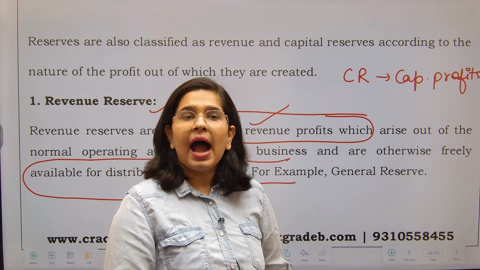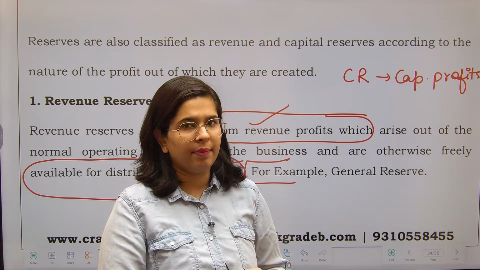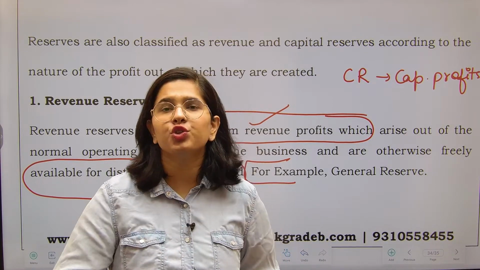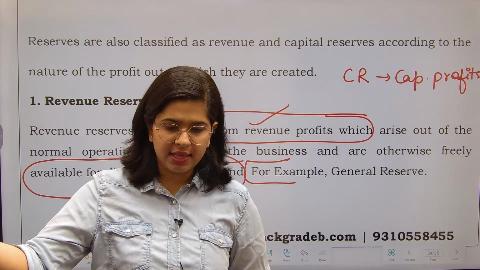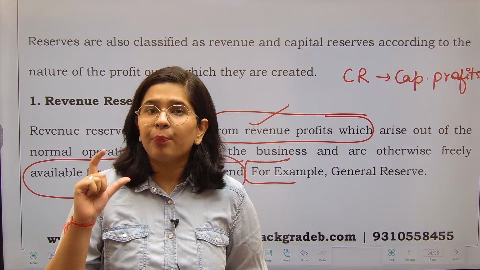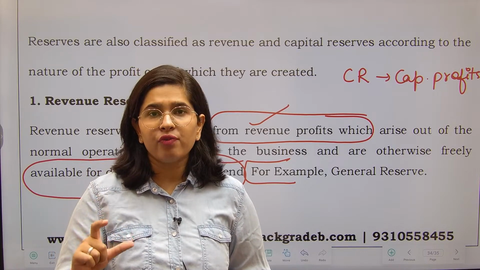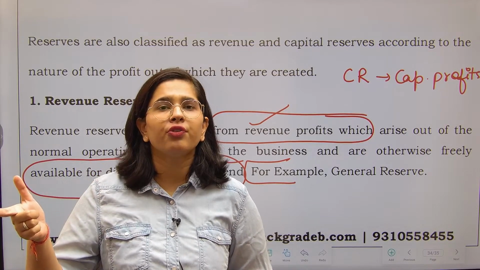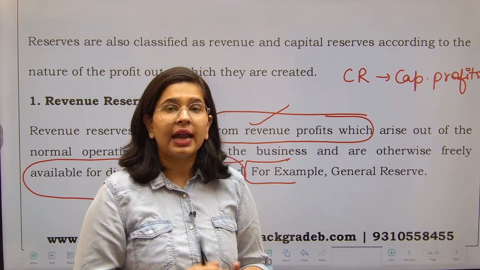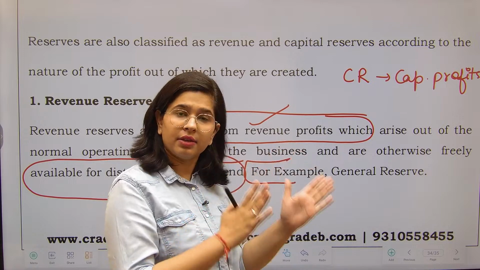So what I did, I took back shares from him. I forfeited the shares and I reissued these shares to someone else. When I reissued these shares, the profit which I will have on such reissue of shares will be called the capital profit. That will go into the capital reserve.